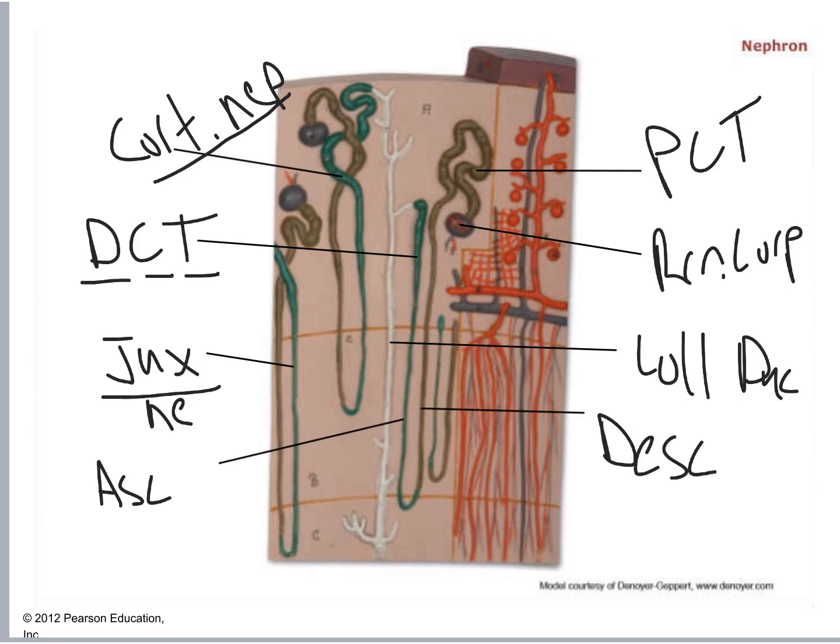I'm going to trace out the flow of the filtrate. We're going to start at the renal corpuscle. Whenever the filtrate leaves the renal corpuscle, it goes into the proximal convoluted tubule, and then the proximal convoluted tubule becomes the descending limb of the nephron loop, and then it circles around and becomes the ascending limb of the nephron loop, and then the filtrate goes into the collecting duct.